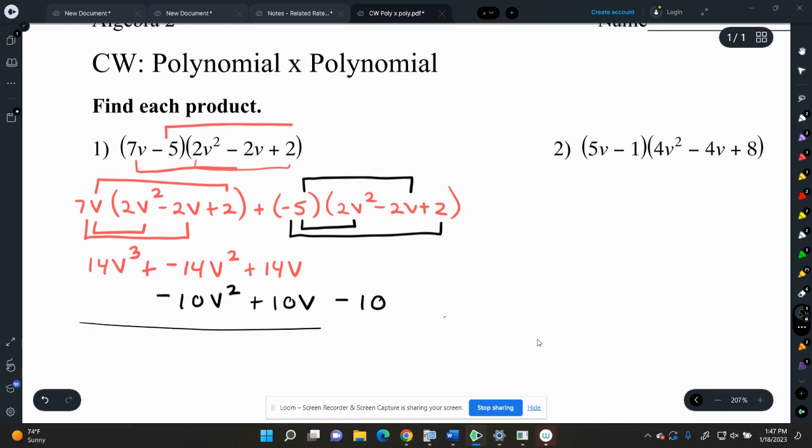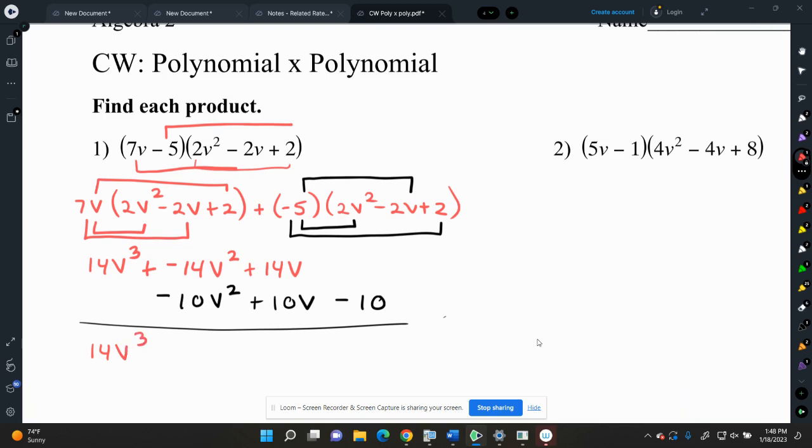Now we just have to combine our like terms. So we have 14v to the third, negative 14v squared, and negative 10v squared. What does that give us? Negative 24v squared. Good.